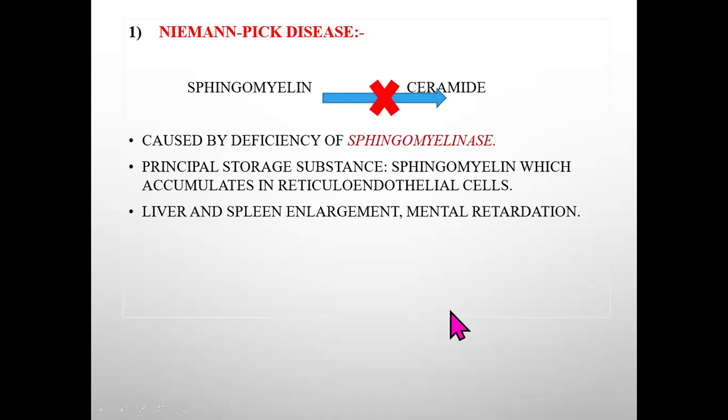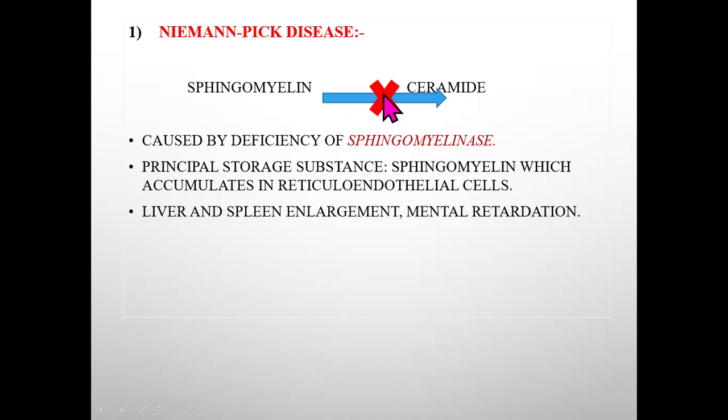So here, Niemann-Pick disease is when you have inability of sphingomyelin to be converted to ceramide. So this enzyme is now blocked. It's caused by the deficiency of sphingomyelinase. So sphingomyelin is broken down to ceramide by sphingomyelinase.